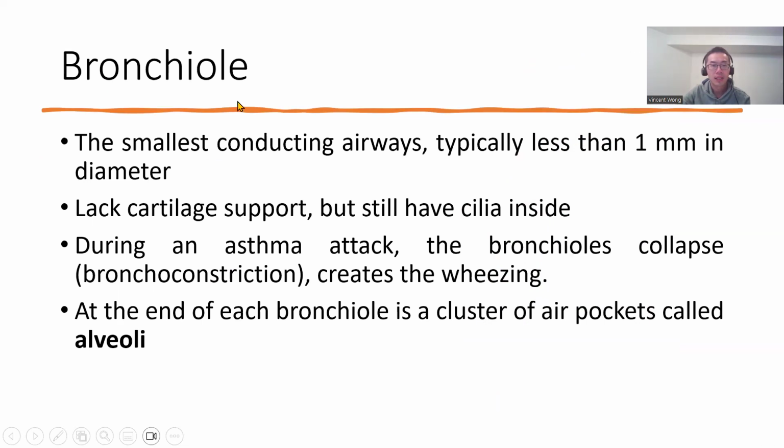So the bronchioles, like I said, are less than 1 millimeter in diameter. They don't have cartilage support, but they still have cilia inside. The entire airway, the trachea, the primary, secondary, tertiary bronchi, and the bronchioles, all have cilia inside. During an asthma attack, because the bronchioles don't have the cartilage, they will collapse.